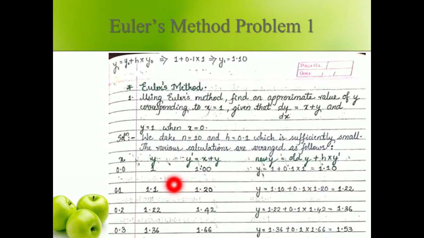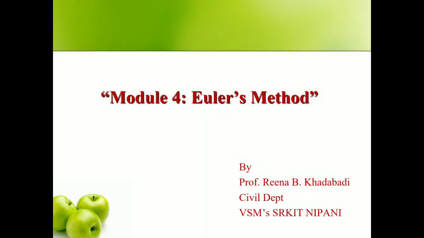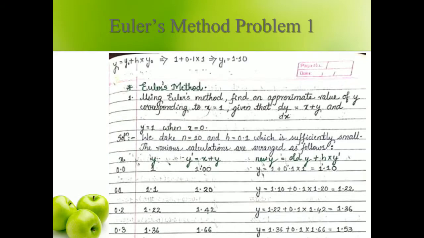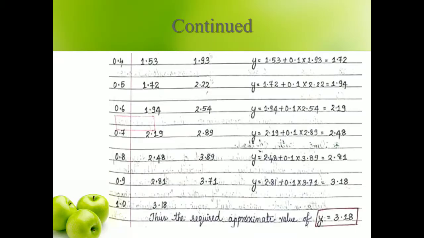The new y value should be taken with the step of 0.1. Continuing the same for 0.4, y value is 1.53, y dash value is 1.93, new y value will be 1.72. For 0.5, 1.72, 2.22, new y value will be 1.94.